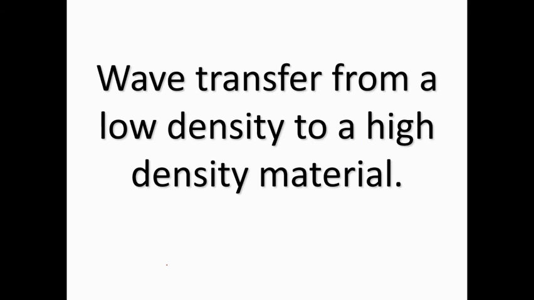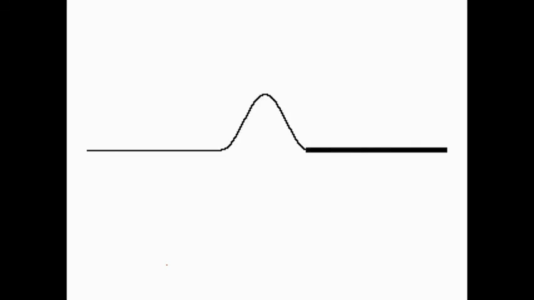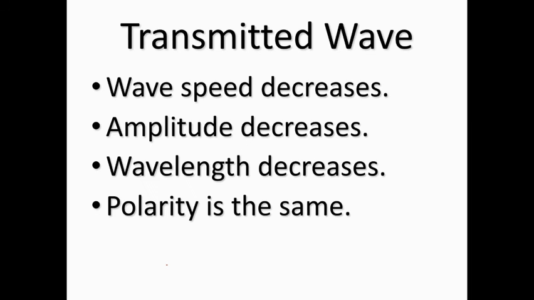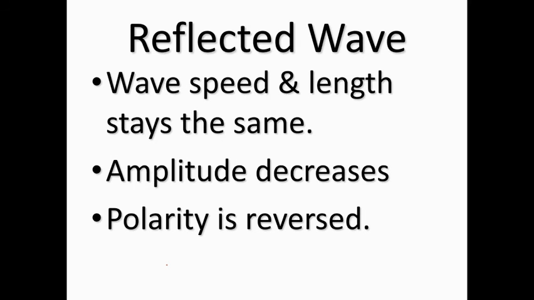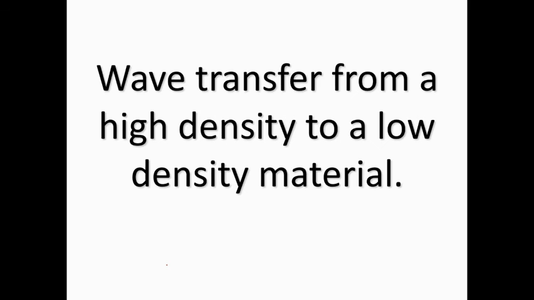The wave transfers from low density to high density material. This is what we see. The transmitted wave speed decreases, amplitude decreases, wavelength decreases, and the polarity is the same. For the reflected wave, the polarity is reversed, which means that it's inverted. The amplitude decreases, and the wave speed and wavelength remain the same.